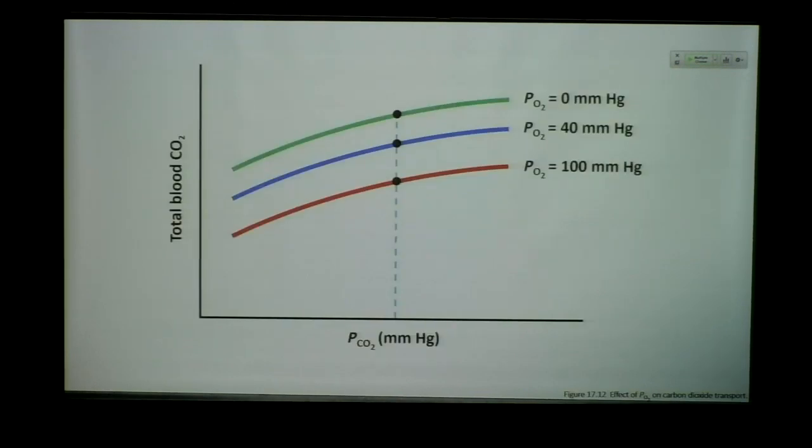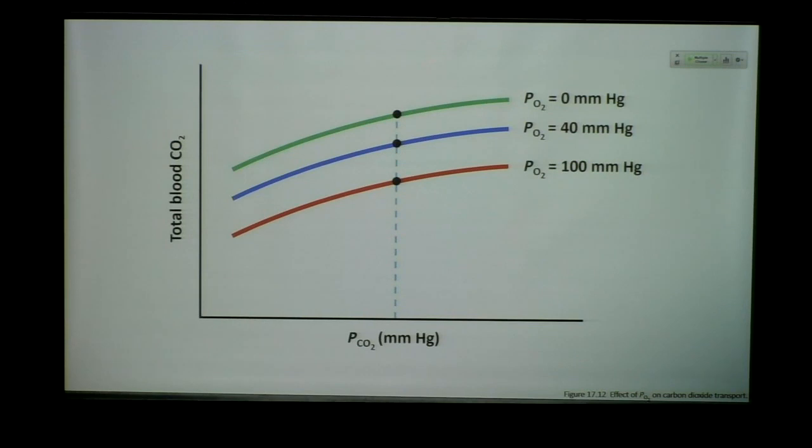All right. Now this graph is comparing the total amount of CO2 against the partial pressure of CO2 and the way it behaves differently for different amounts of oxygen. So at an oxygen saturation of 0, right, we've got no oxygen in the blood, to a partial pressure of 100, which is what our systemic arteries look like, we can see that the amount of CO2 in the blood differs, okay, for the same partial pressure.